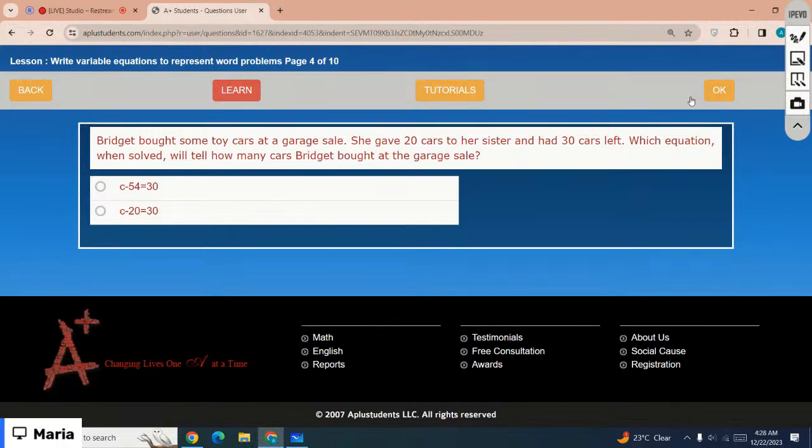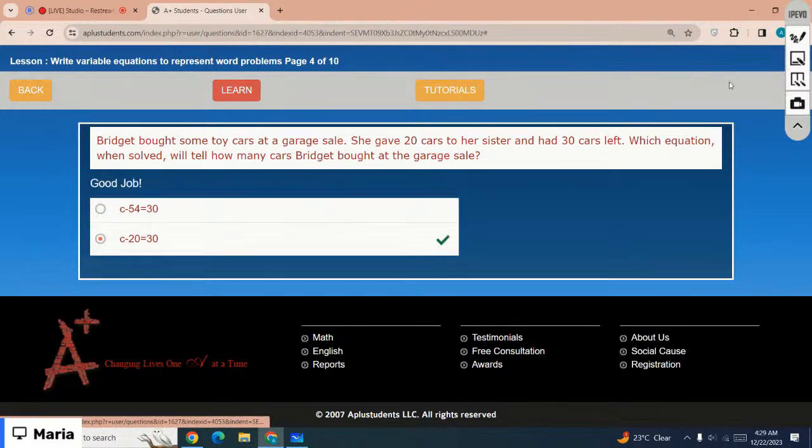For example, the total toys Brigitte got is C. She gave 20 to her sister. That would be C minus 20, and she still has 30 left. That means C minus 20 equals 30. Very good. Option number 2 is the correct option.